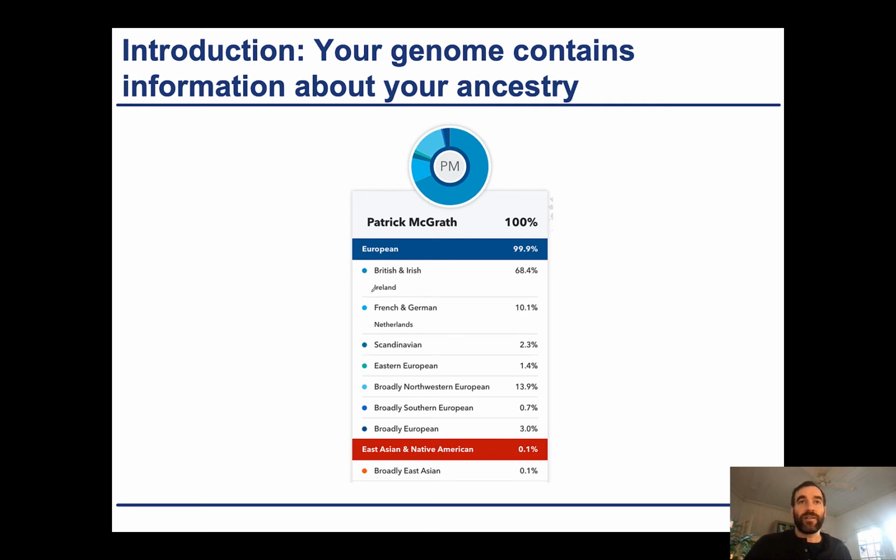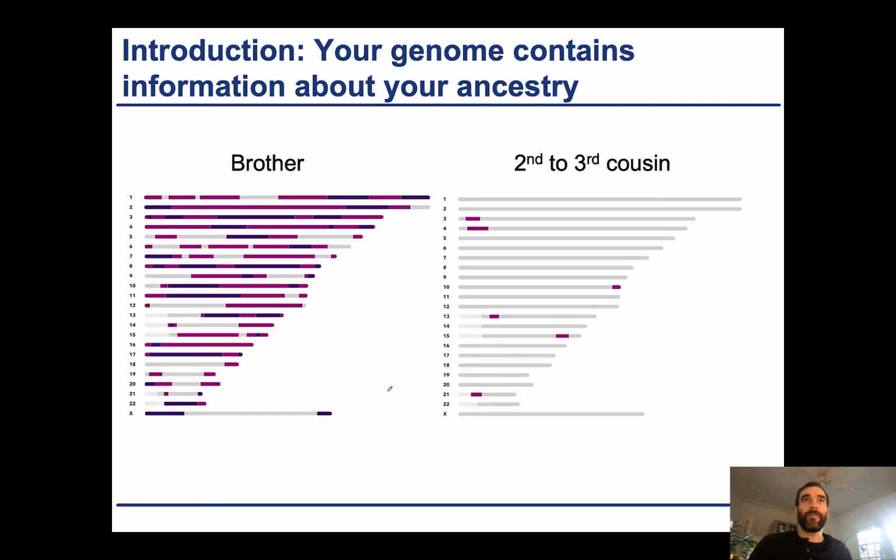It also breaks this European ancestry down into broad geographical categories like British and Irish, specifically Ireland, French and German, I guess specifically Netherlands, and then Scandinavian and these other categories. We're going to cover in this lecture how this is possible using information that's encoded in our DNA.